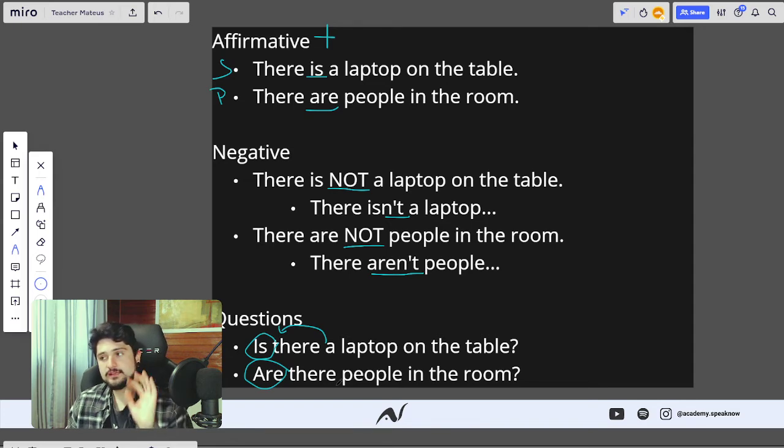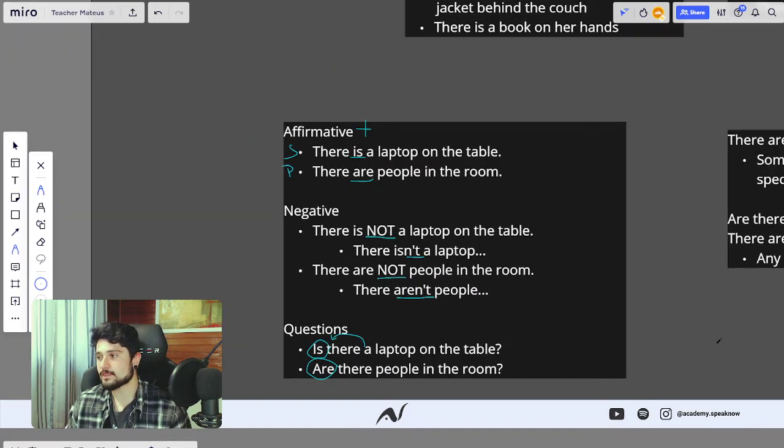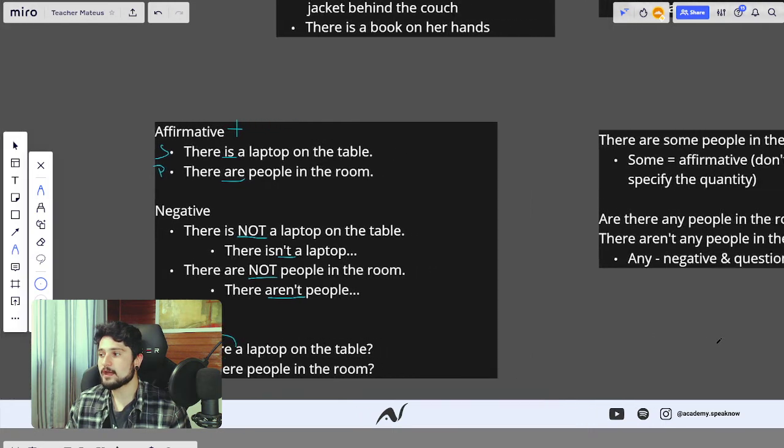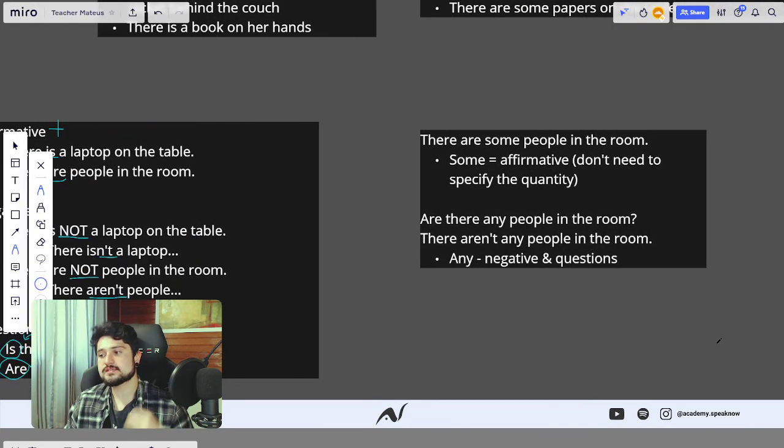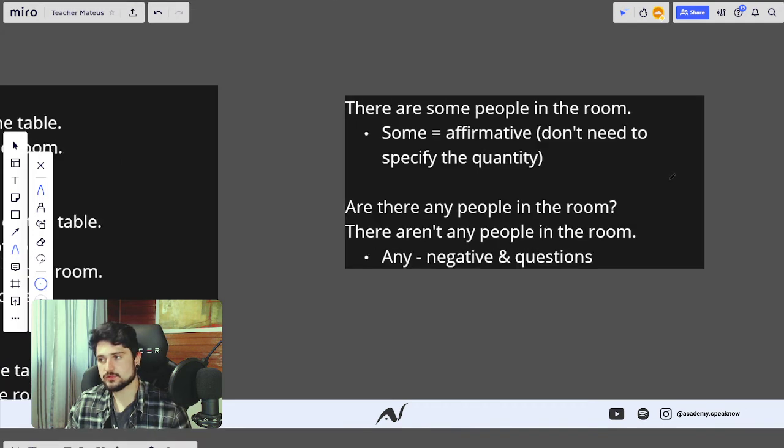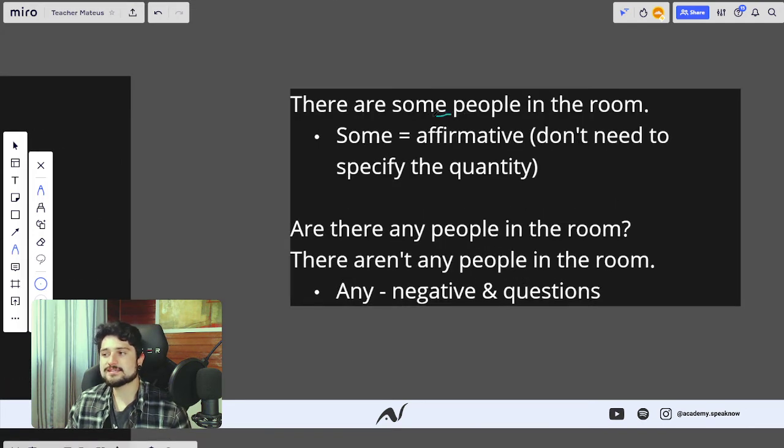All right. And the last part of our discussion is connected with how we can use some and any, because we could say there are some people in the room. This is affirmative. We use some when we don't need to specify the quantity.